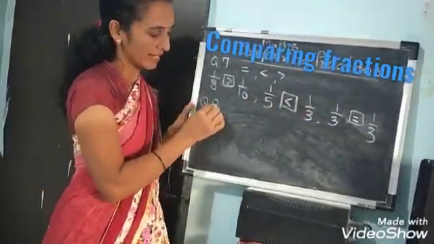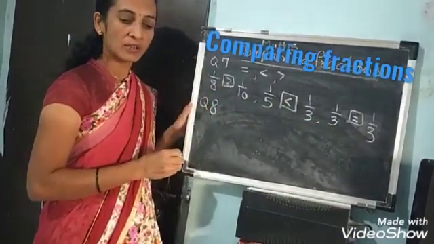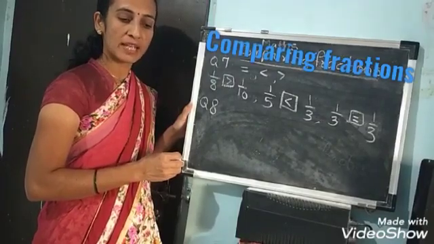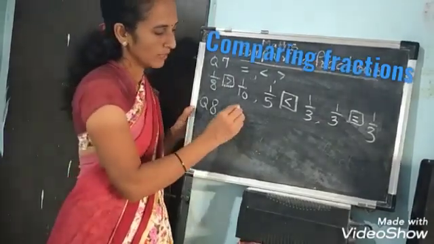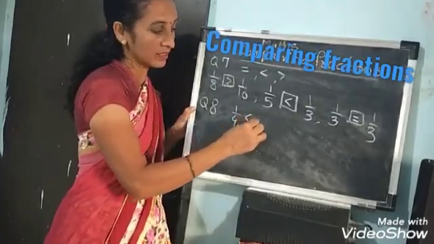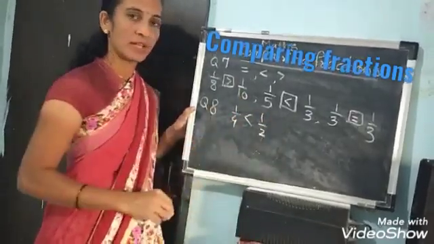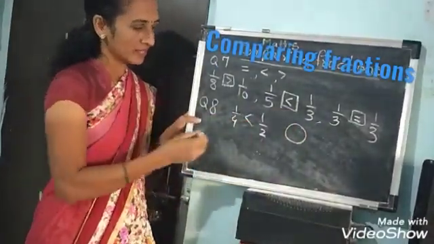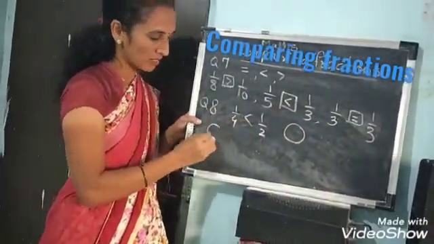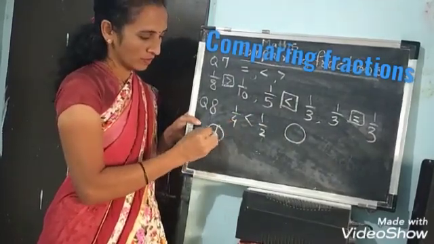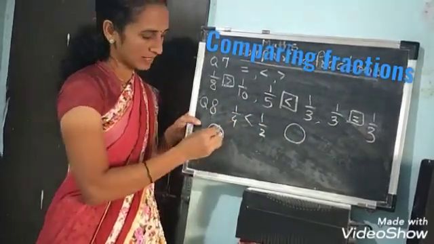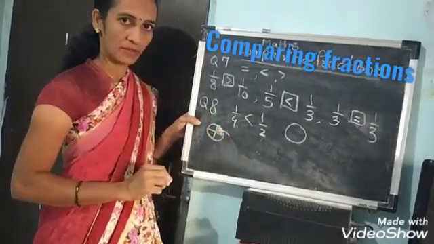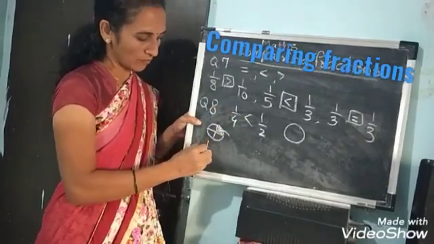Question number 8. You have a fruit. Using that fruit, how will you explain to your friend that 1 upon 4 is smaller than 1 upon 2? I have given you one fruit and you have to explain with that fruit. See, 1 upon 4 means what? 4 shows 4 equal parts, and this one part you give to your friend. It shows 1 upon 4.